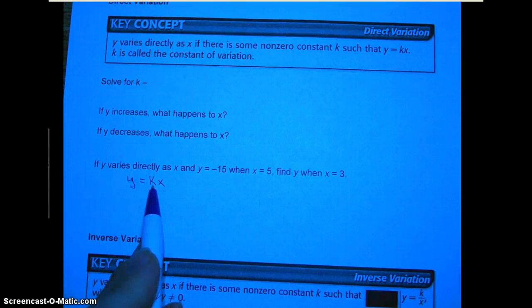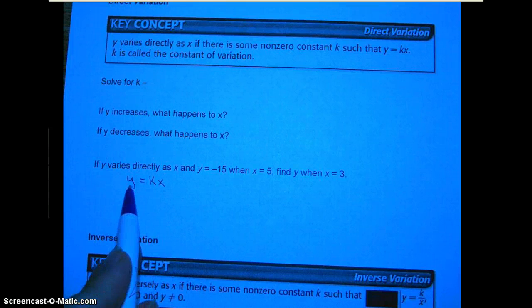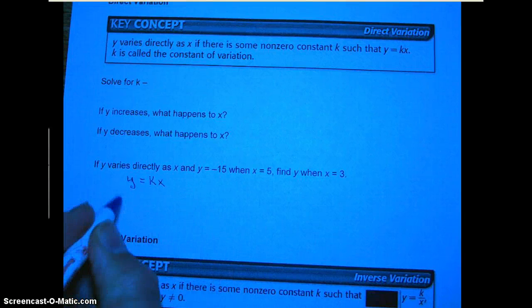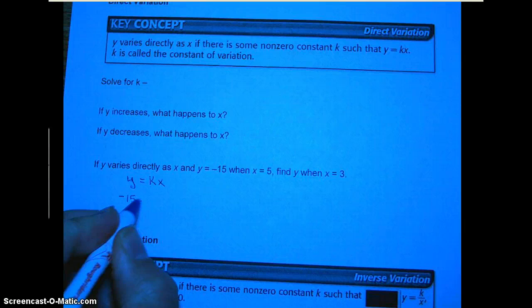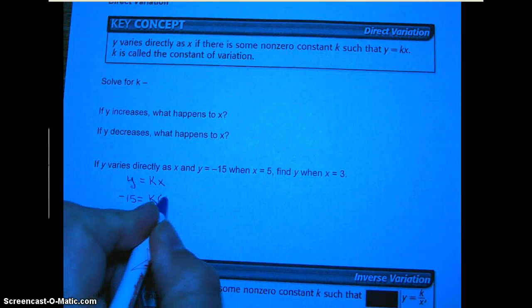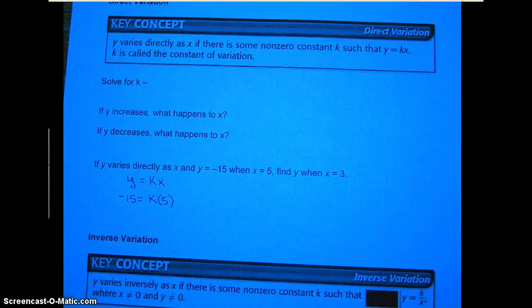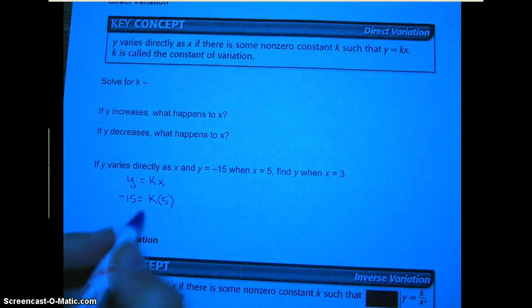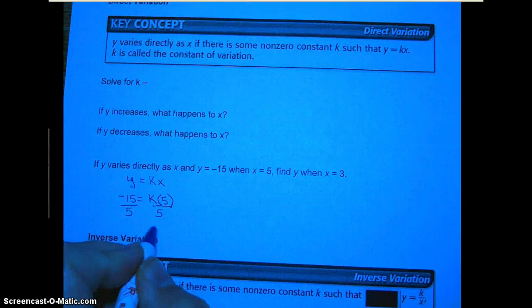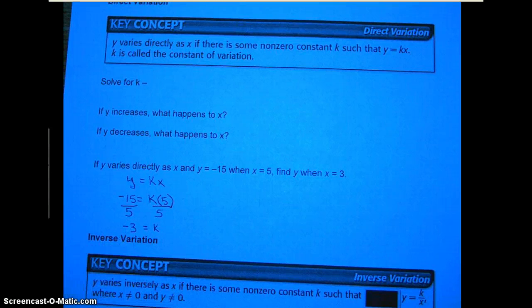To solve for k, we need to plug in a value for y and for x. They give us a y value and an x value. So solving this for k, we divide by 5 on both sides. In this case, k equals -3.